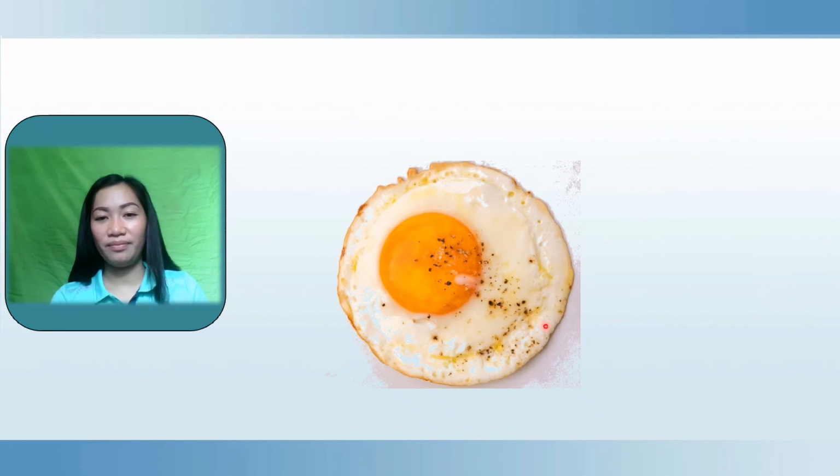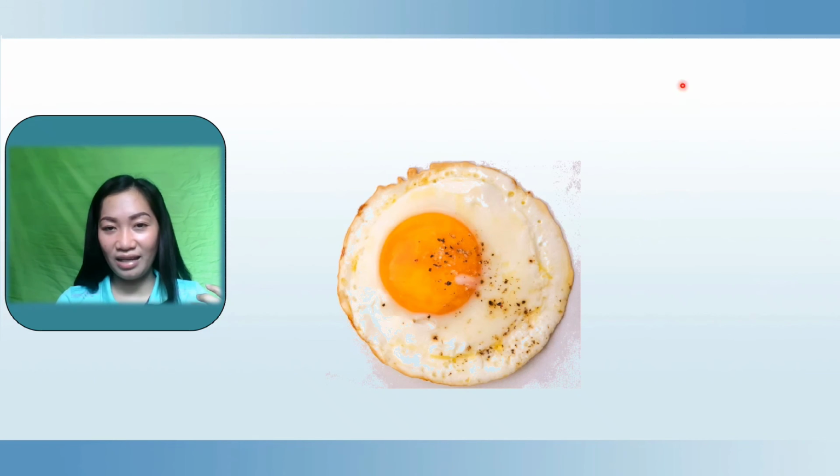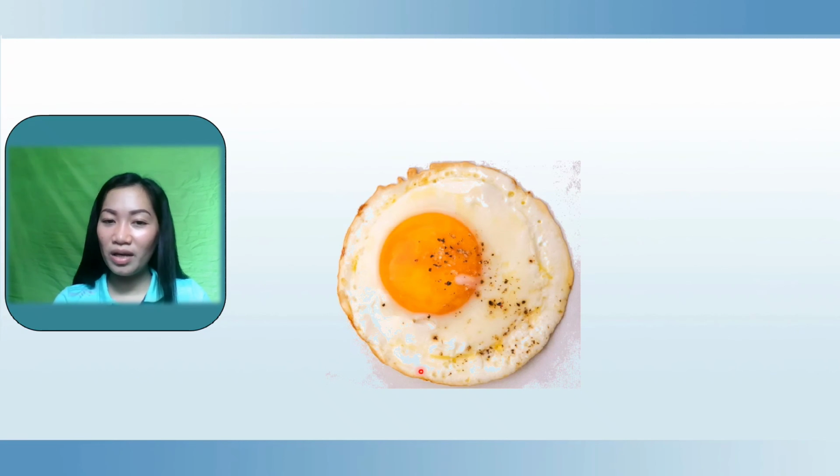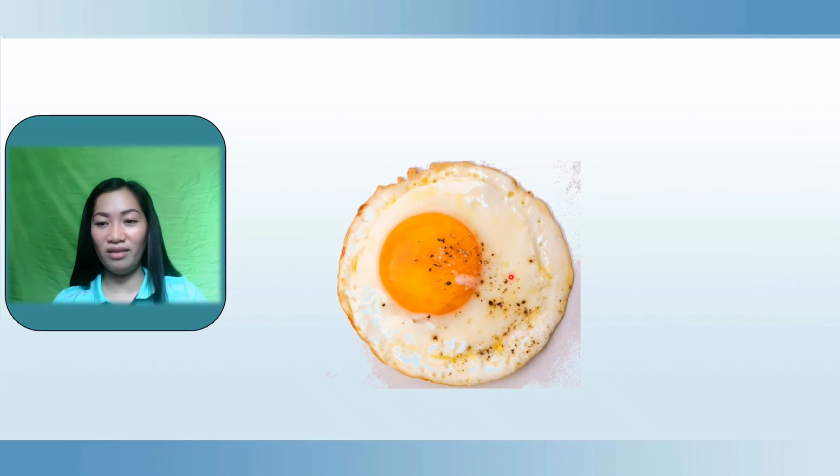How about this one? Cooked egg. Remember, from the egg, you use the fire to cook it and it will become like this. This one is non-reversible, meaning you cannot put it back to the raw egg because it's already cooked.